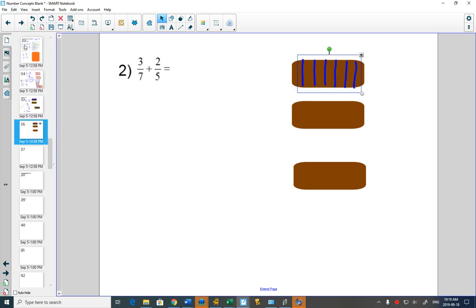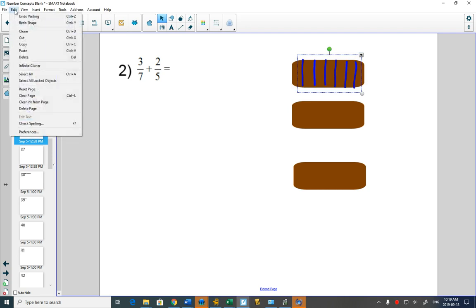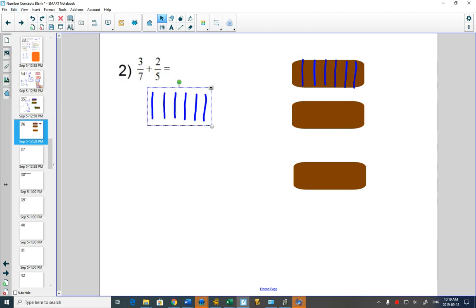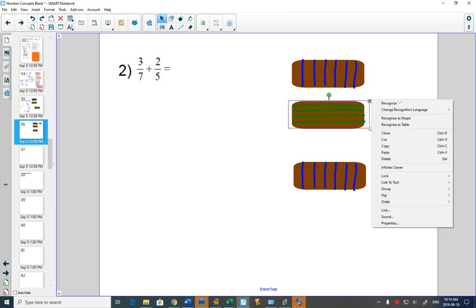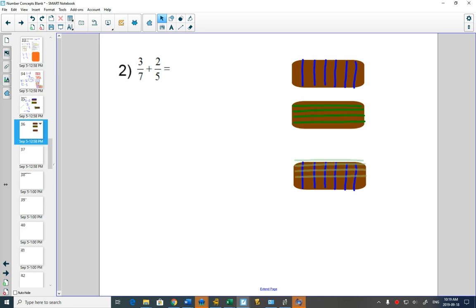I can take those blue pieces and click them onto there as well. Then we're going to take our second chocolate bar, which is in 5ths, and we're going to split it into 5 equal pieces this way.